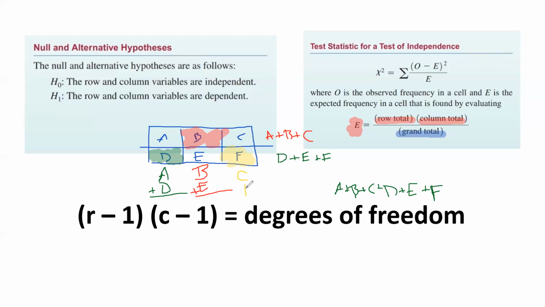So let me do C plus F. That will be right for that. Now, somebody else give me the row total if we're doing the expected frequency for F. F plus E plus D. I think that's what you said.